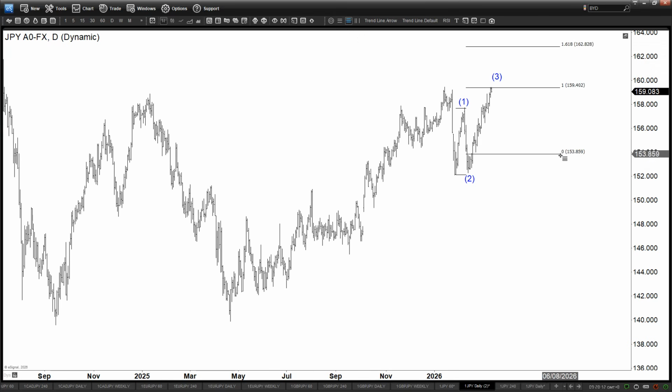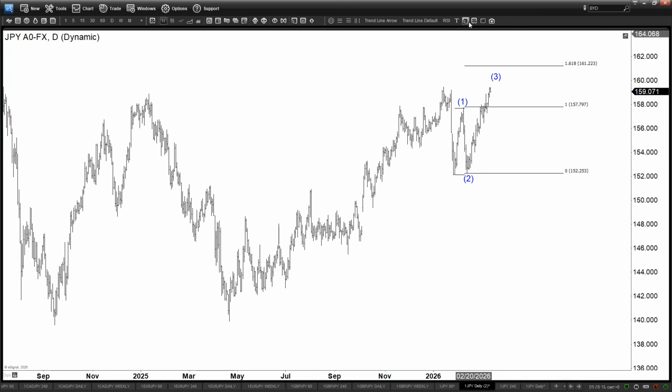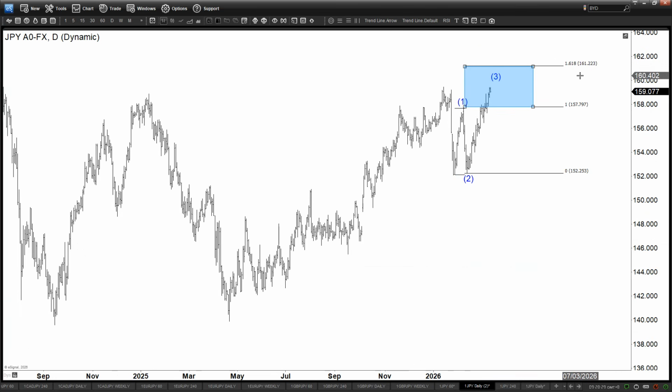You can see the current extension of this 1 2 is somewhere between 100 and 161.8. Now if we could continue to see more upside in the shorter cycle, if we keep extending higher, then there's a potential we can even reach this 161 before we finish 3 in blue, 5 in red, 3 in blue, right? Depends.